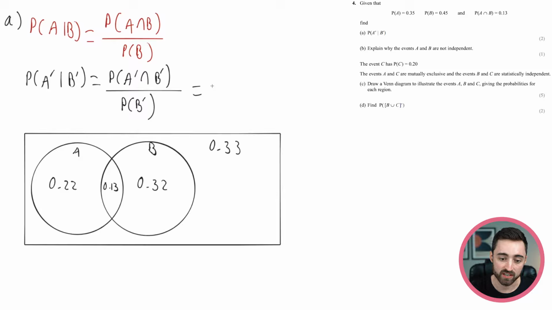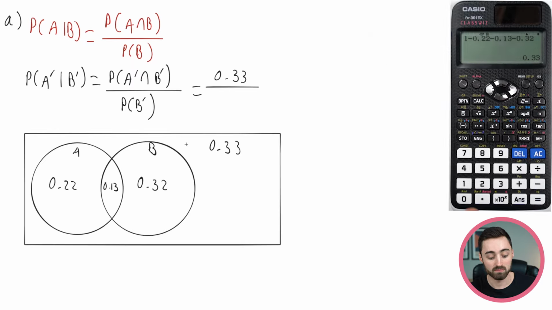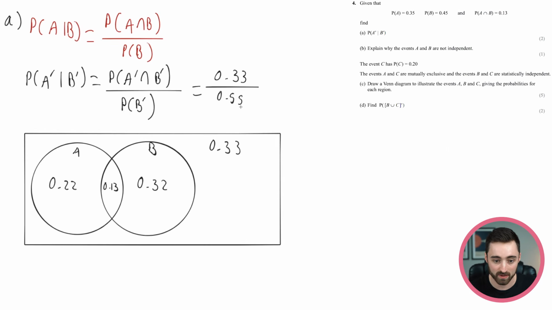So 0.33 goes on top, and the bottom is just not B, which is this and this: 0.22 plus 0.33, which is 0.55. You could also have got not B from 1 minus 0.45, the probability of B. Sticking this into your calculator, I get a nice 3/5 or 0.6.